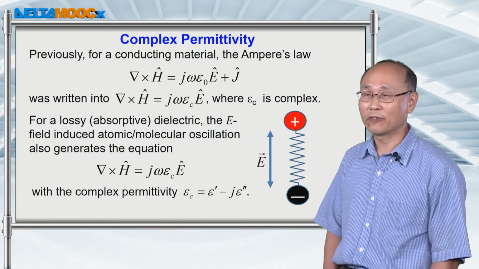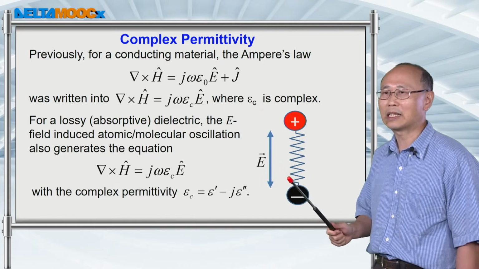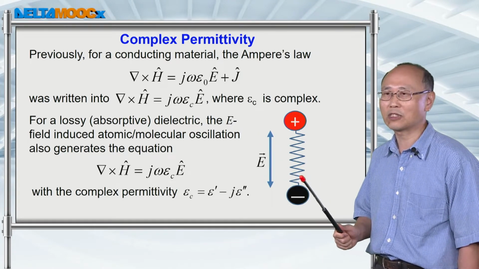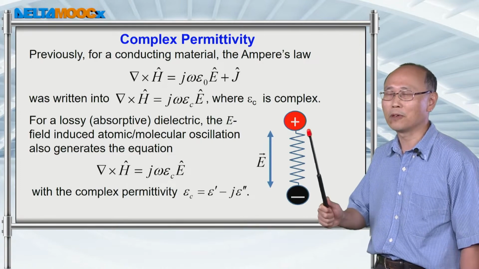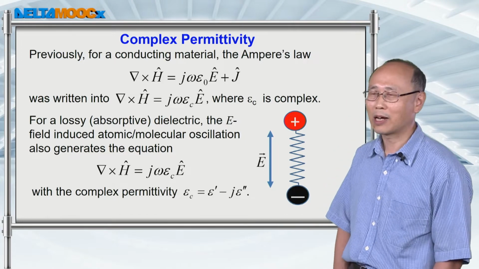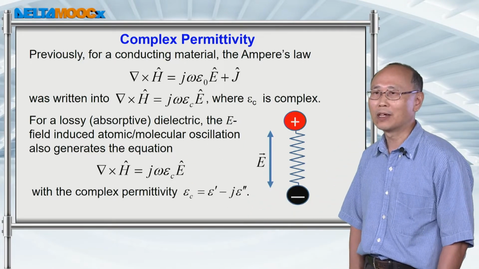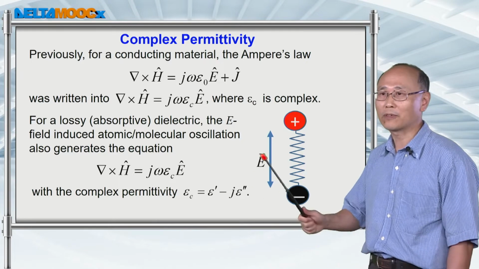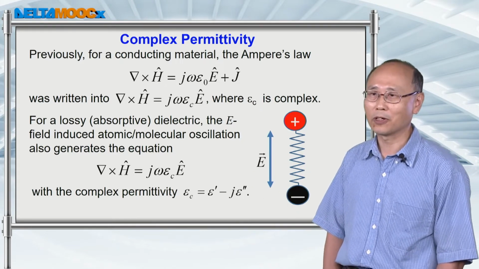They cannot move freely, but if you have an electromagnetic wave propagating inside this system, the electric field can induce oscillation of this dipole. This oscillation process can consume some energy from the electromagnetic wave. As a result, the wave could also be attenuated inside this material.